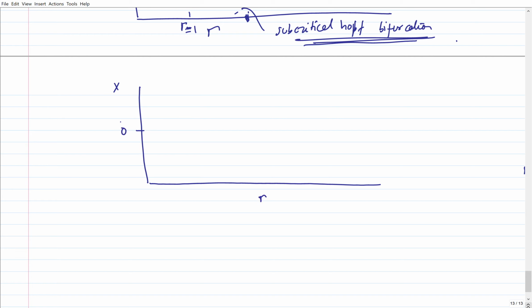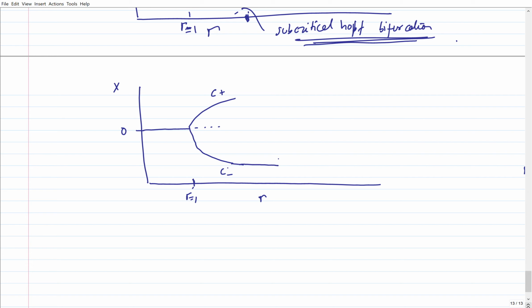That's my origin, and the origin is a stable fixed point till r equals 1, whereby it loses its stability through a pitchfork bifurcation, and I have two stable fixed points emerge.